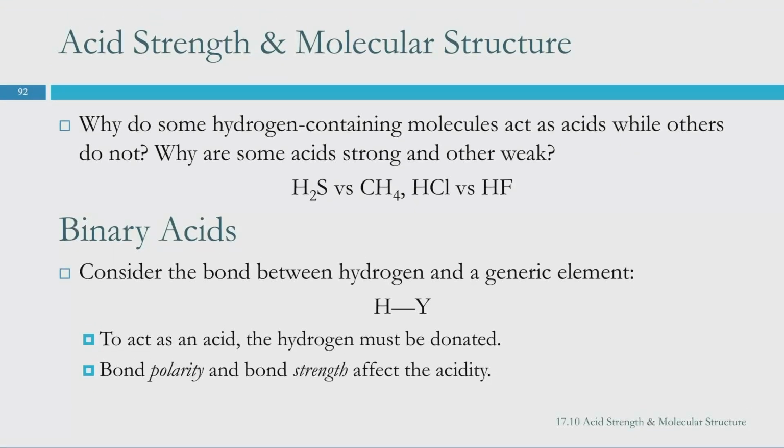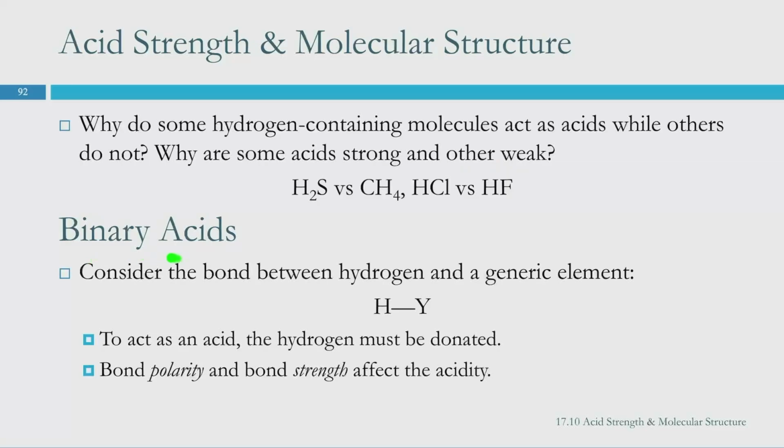Okay, now to explain some of the things that we've just kind of brushed over, breezed past. Some hydrogen-containing molecules act as acids and others don't. And some acids are strong and others are weak. And why is that?